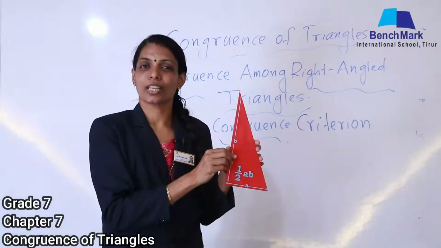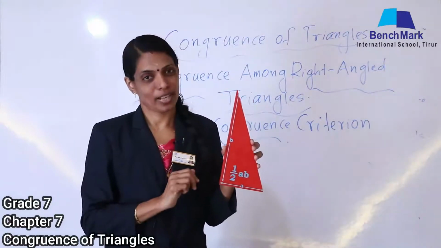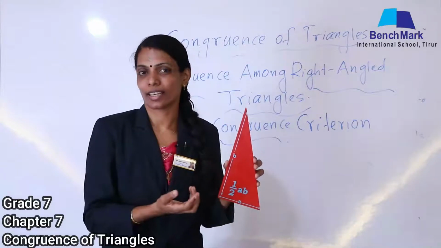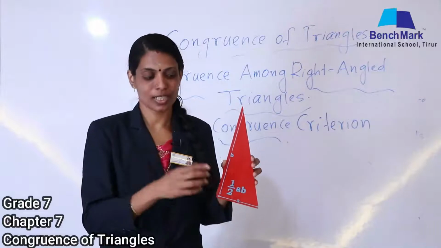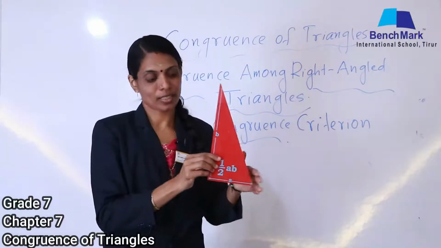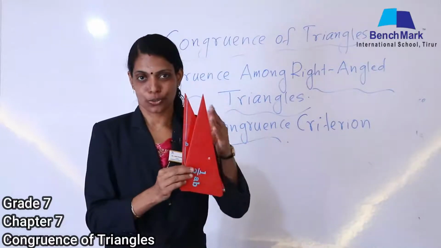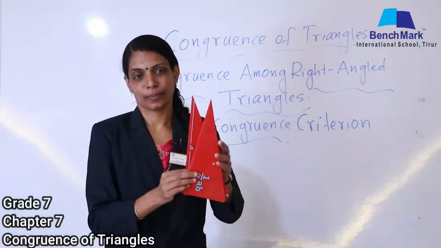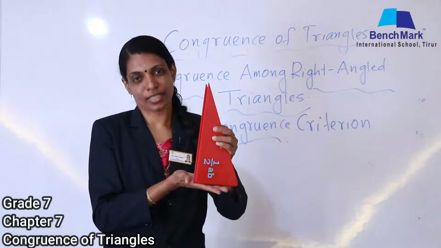So we are going to learn the congruence of two right angled triangles. How can we say that two right angled triangles are congruent? It's very easy. We have to take the hypotenuse of one triangle and the hypotenuse of the next triangle also. They should be equal, and we can take any one of these two sides.